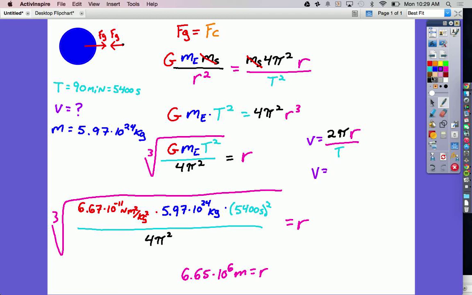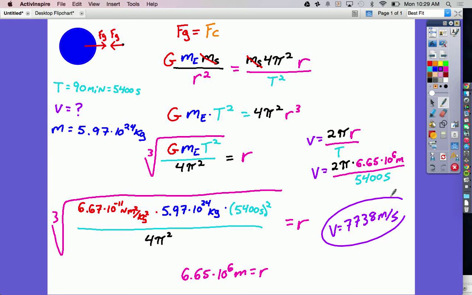So velocity is 2 pi times 6.65 times 10 to the 6th meters all over 5,400 seconds. And when I plug that into my calculator, I find that the International Space Station is going about 7,738 meters per second.